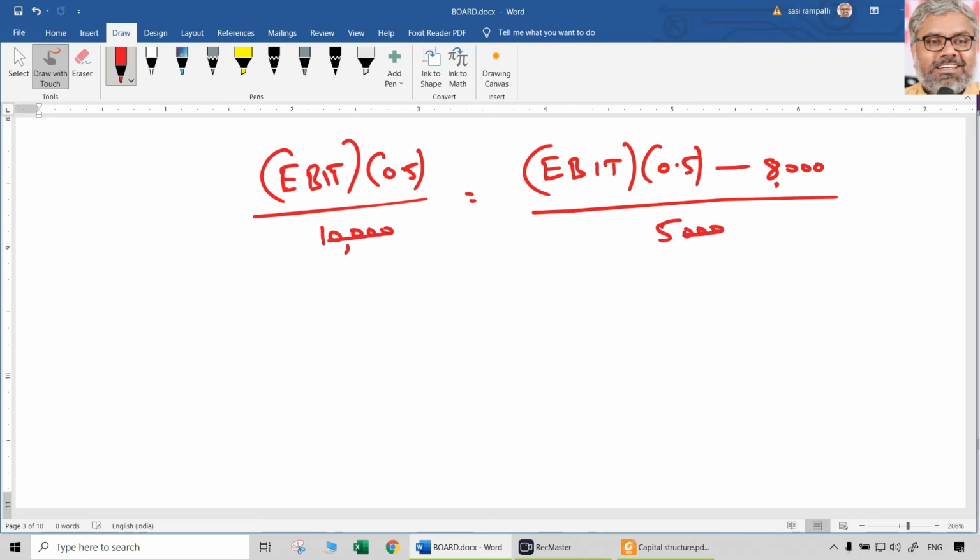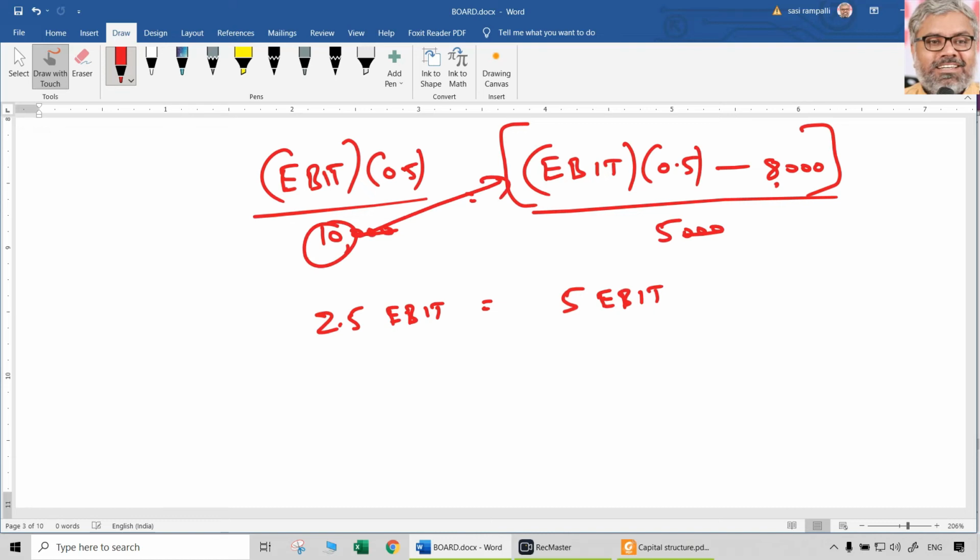So cross multiply. 5 into 0.5, 2.5 EBIT will be equal to 10 into 0.5, 5 EBIT, because this entire thing is going to be multiplied with 10, minus 40,000, sorry, 80,000. 10 into 8,000, 80,000.